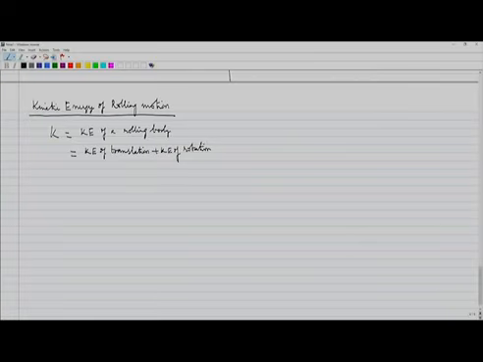Students should clearly distinguish between rotation about an axis and translation. Both put together is what is known as the rolling motion of a body, right?